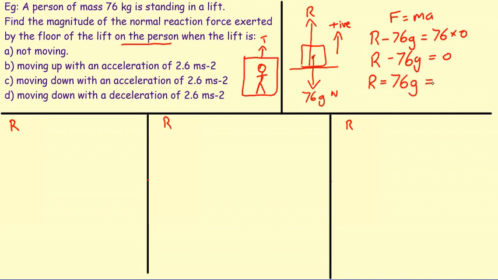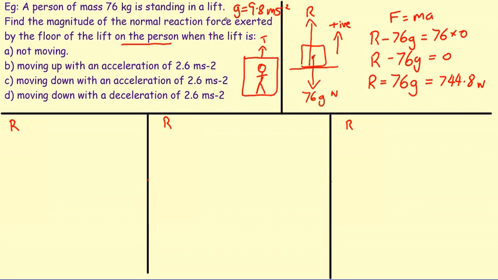If G is equal to 9.8 meters per second squared, we get 744.8 newtons. Now, because G is 9.8, it's only accurate to 2 significant figures.